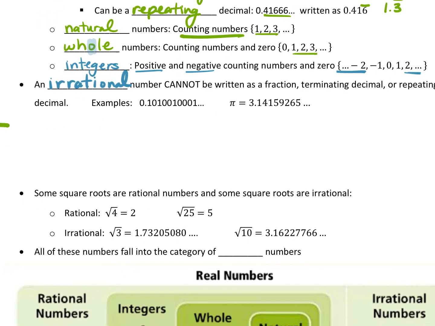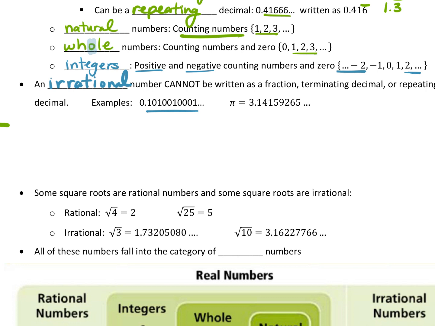An irrational number can't be written as a fraction or a terminating decimal or a repeating decimal. Basically, it's the goofy numbers. It's the things that look like they go on forever and have no rhyme or reason to them. It's not repeating. So 0.1010010001, there's a pattern there, right?